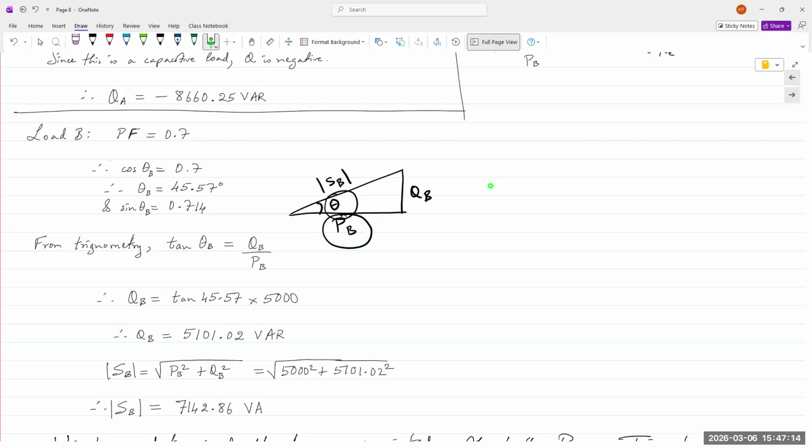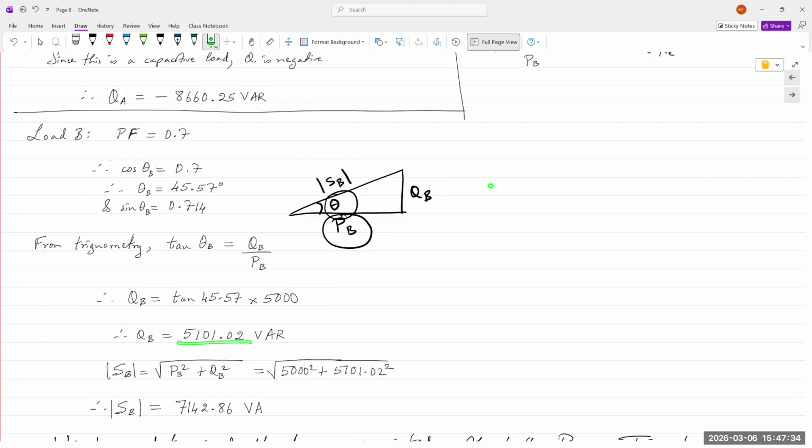So this time, instead of using cosine or sine, we need to use tan. Because tan theta is Q over P. So Q can be calculated from that trigonometric identity for tan.